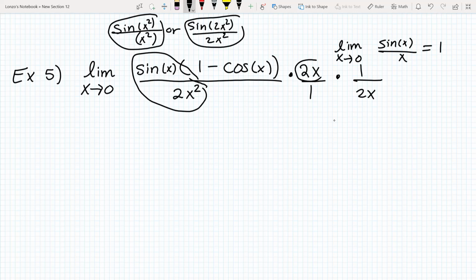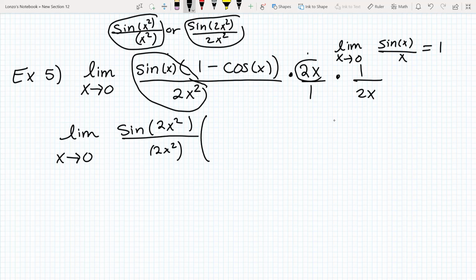Okay, so now we have the limit as x approaches 0 of sine of 2x squared, because 2x times x is 2x squared, over 2x squared, times 1 minus cosine of x, times 1 over 2x.